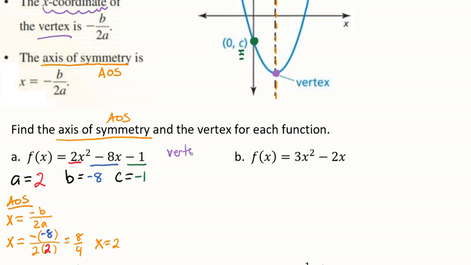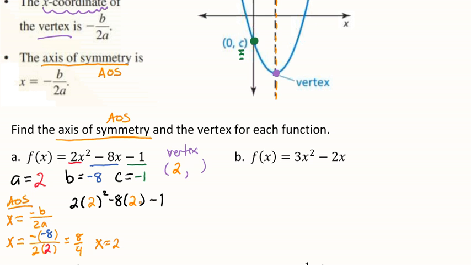So as far as our vertex is concerned, because we'll need an x and a y, we have a 2 for our x. Now, in order to finish finding our y value, we simply need to plug our x value back into our equation. So we're going to have 2 times x squared minus 8 times x minus 1, and we're going to plug in the number 2.